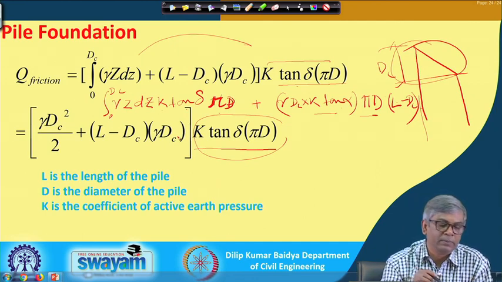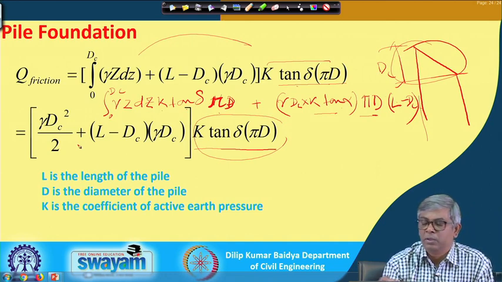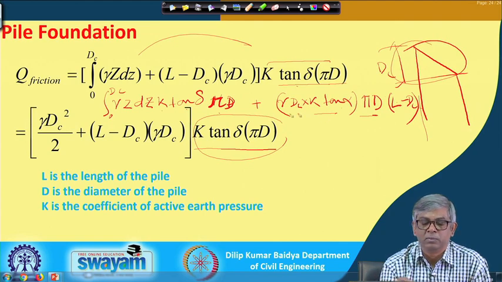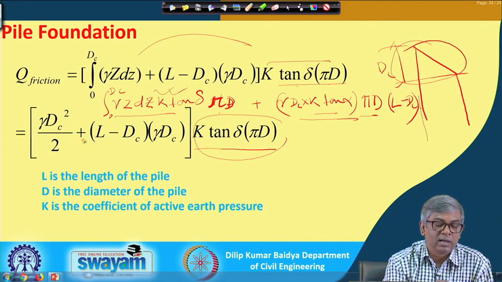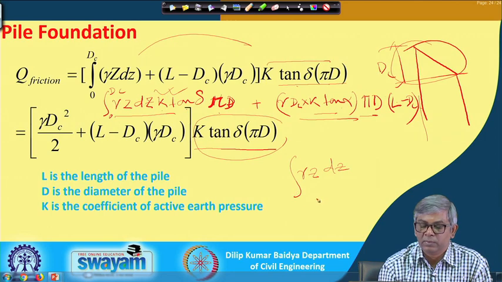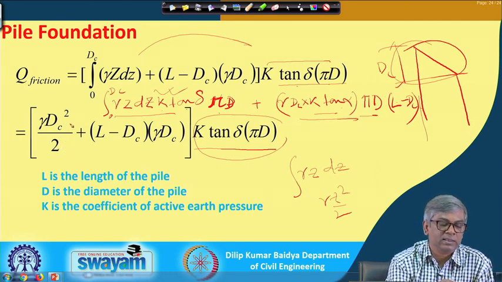So, no need to remember it; if you calculate this way based on the fundamentals and integrate, gamma z dz gives gamma z square by 2, and then if you put the limit, ultimately gamma dc square by 2, that is what has come.